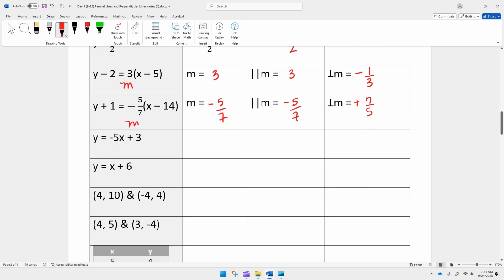All right, so this question here, not number 5, but this question here, that's going to have a slope of -5. Parallel slope is going to be a slope of -5. Perpendicular slope is going to be positive 1/5.